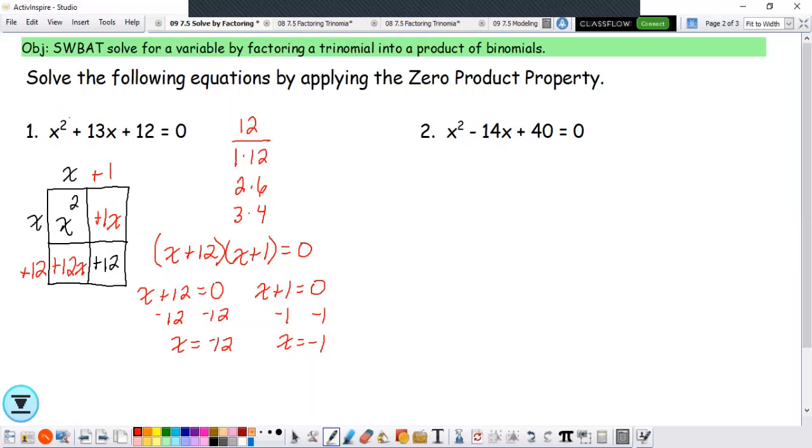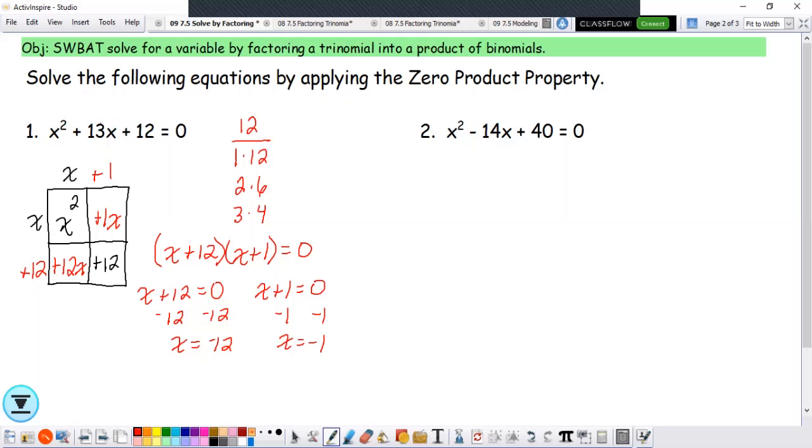And we can check. So negative 12 squared would give us 144. And 13 times negative 12 would give us a negative 156. And if we add 12, well, 144 plus 12 would be a positive 156.